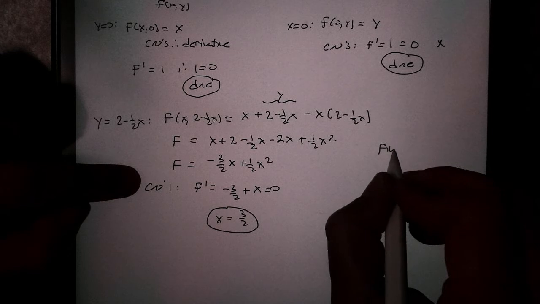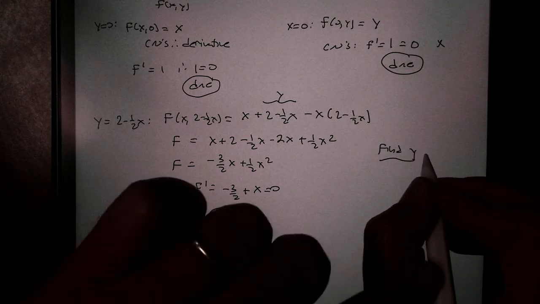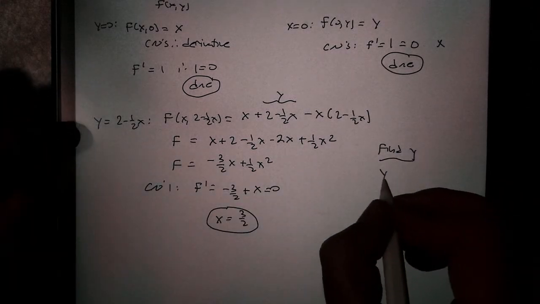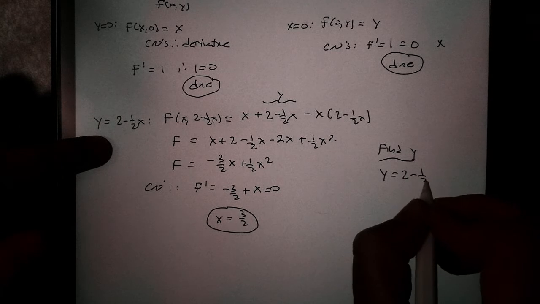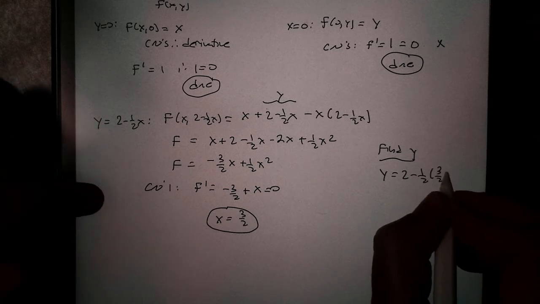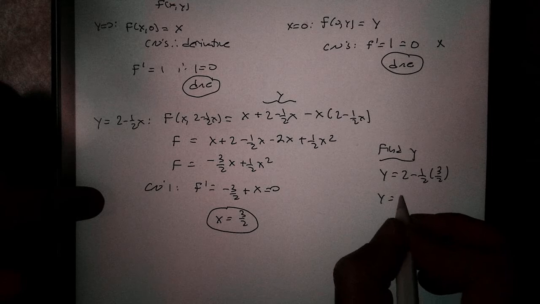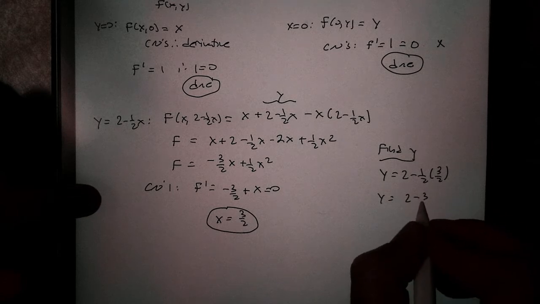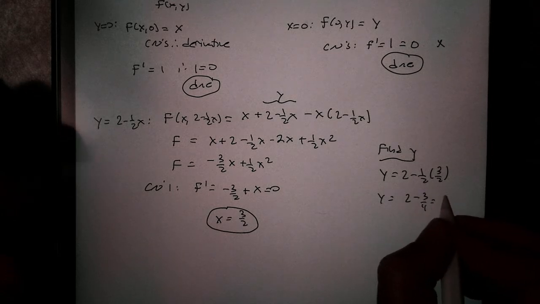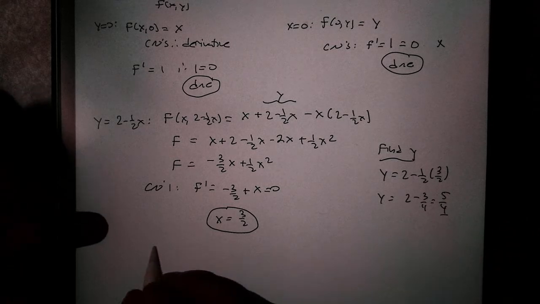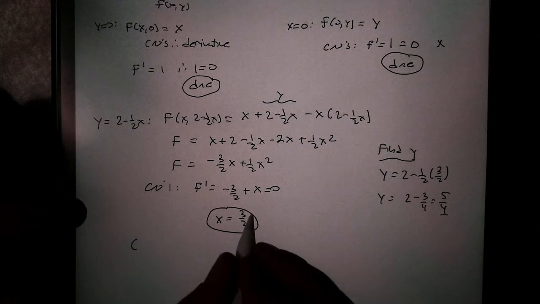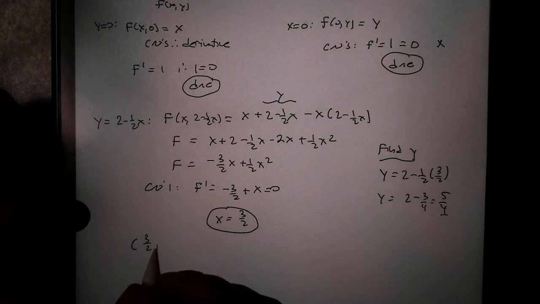We still have to find our y value, but we can do that over here. y is equal to 2 minus 1/2, whatever x is, 3/2. So we would get y equals 2 minus 3/4, which is 1 1/4 or 5/4. So my next critical number is going to be 3/2, 5/4.